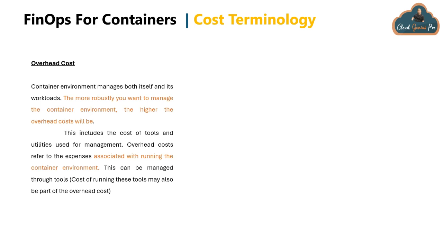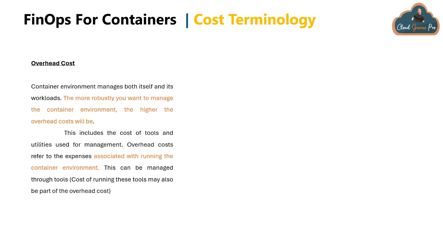Now we'll talk about the overhead cost, or cluster overhead cost to be precise. Usually the container infra or container environment is managed, both itself as well as its workload. So the more robust a fashion you want to manage your container infra, the higher the overhead cost will be, right? Because you will spend for monitoring or management of that particular infrastructure.